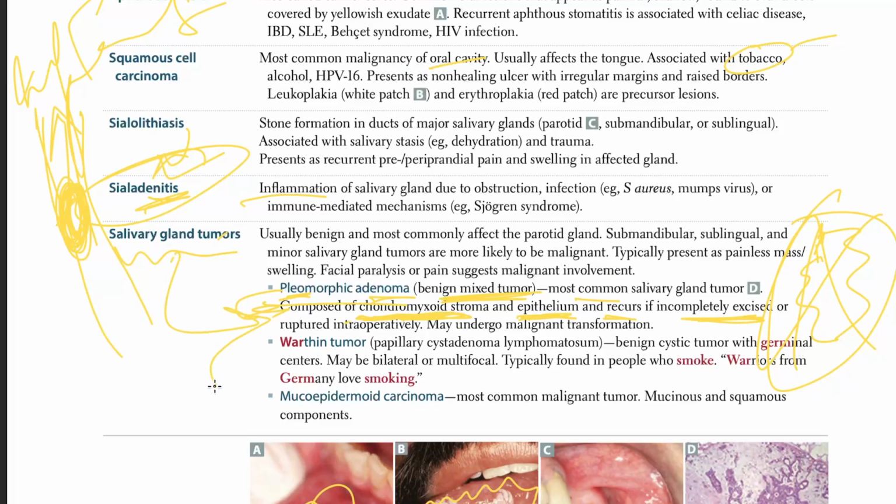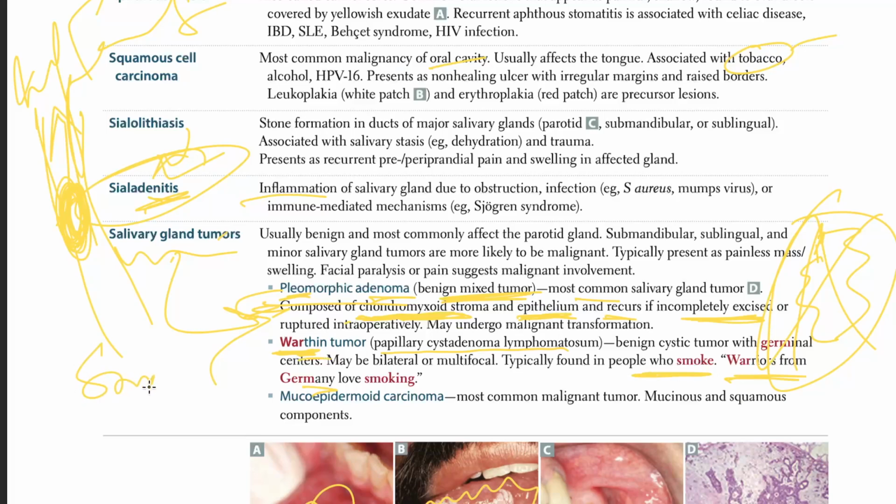The second thing is the Warthin tumor. Who's going on war? Warriors from Germany love smoking. Okay, that's the mnemonic. Warthin tumor, the other name is papillary cystadenoma lymphomatosum. What a long name for such a small thing. But it's a benign cystic tumor with germinal centers, maybe bilateral or multifocal, typically found in people who smoke.